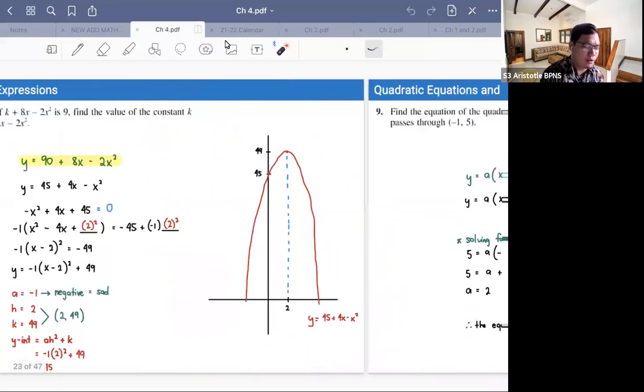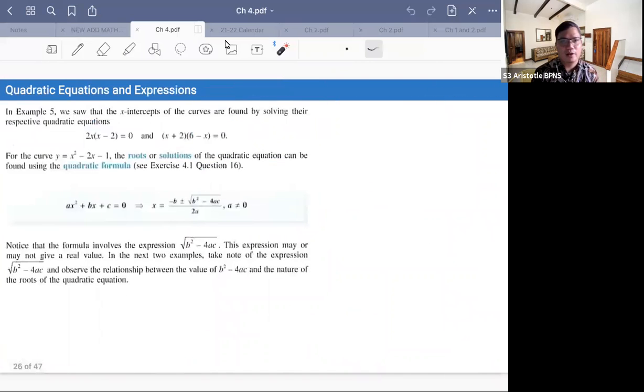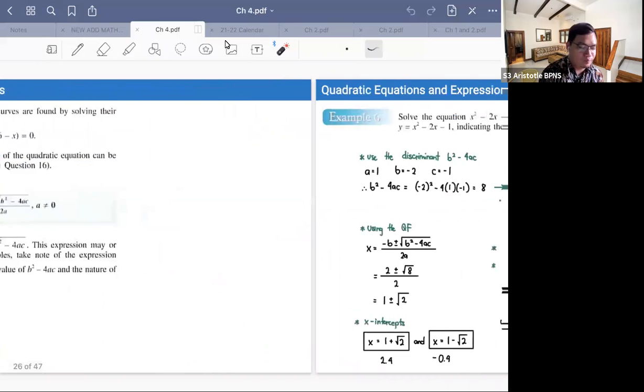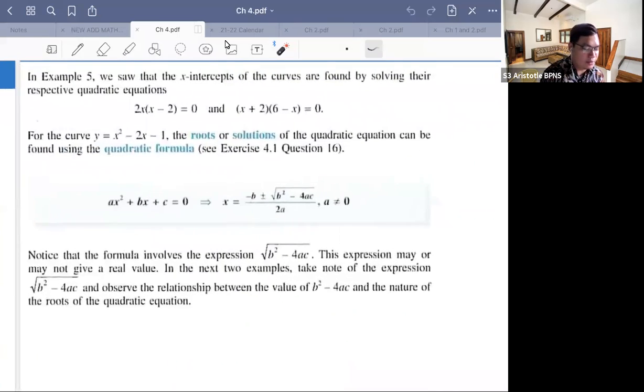Now, for this one, I want to emphasize the quadratic formula, because we can determine the root of a quadratic equation by using the quadratic formula itself. So look closely, class.